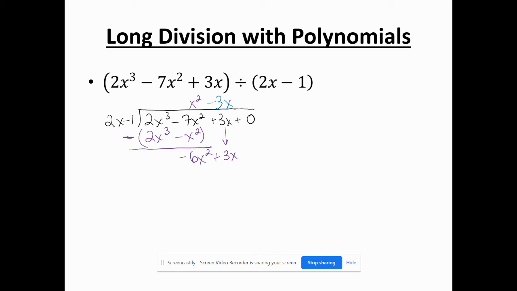So let me see. Negative 3x times a positive 2x should give me negative 6x squared. Negative 3x times negative 1 is plus 3x. Oh, and notice we have another jackpot. Remainder 0, we don't need to worry about bringing down that placeholder. So we're just happy that it's all done.